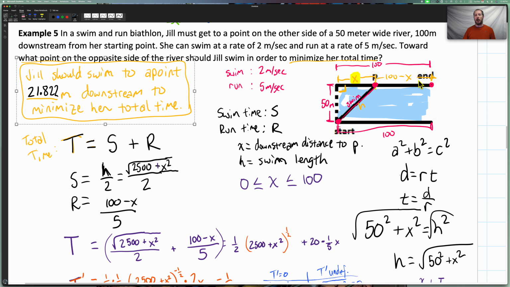Then filling in the rest of our diagram, if this is X, then the amount she's going to run, she swims this far. We could label this length. I label mine H. You could label it whatever you want to. That H is the length she's going to swim.